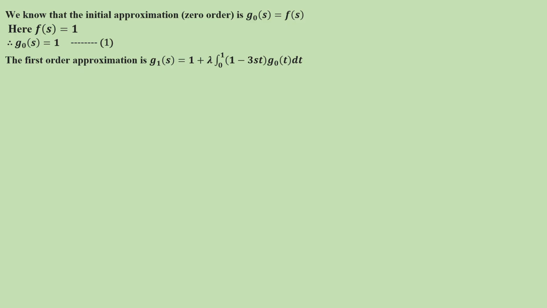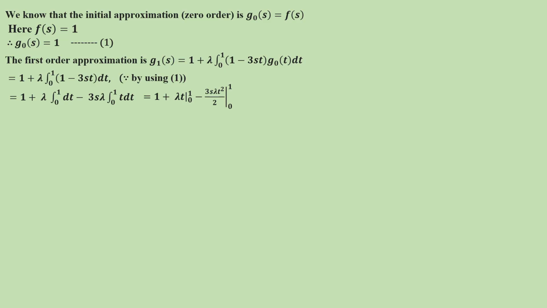Now g1 of s, first order, is equal to 1 plus lambda integral 0 to 1 of minus 3 st, and instead of g of t we have to use g naught of t, which is 1, dt. So that is 1 plus lambda integral 0 to 1, separating into two integrals: the first one 1 into dt, minus 3 s lambda, both constants, s and lambda, take them outside the integral, integral 0 to 1 t dt.